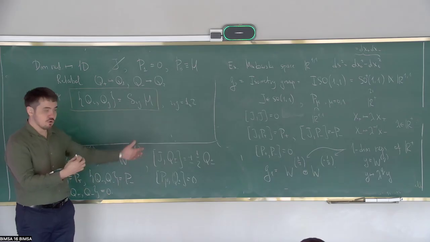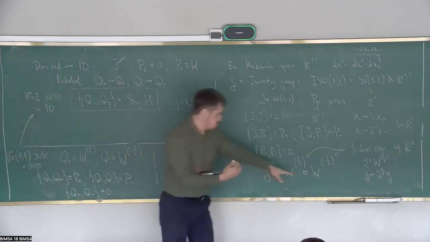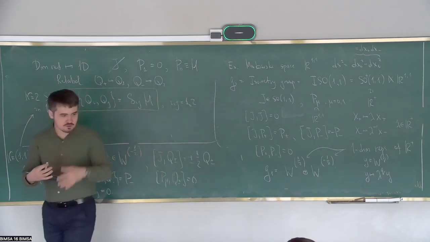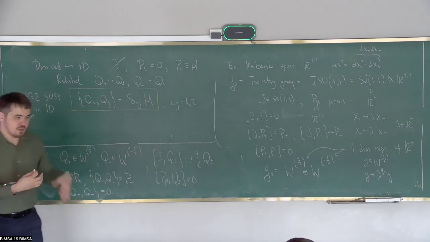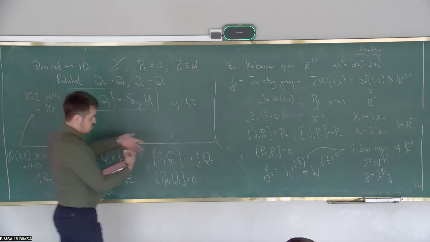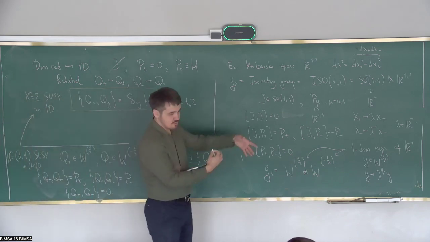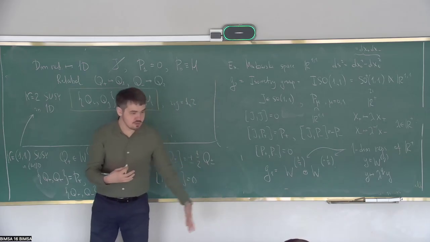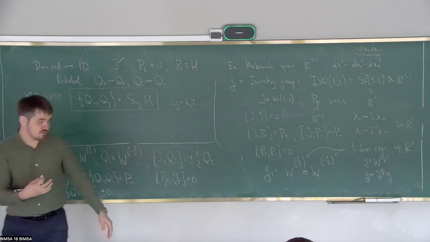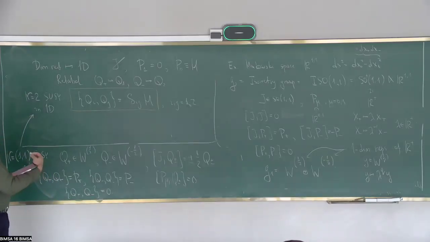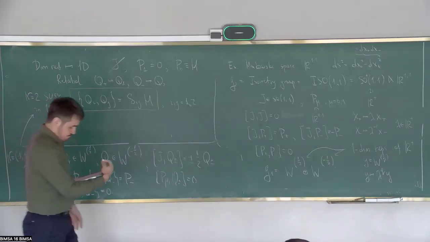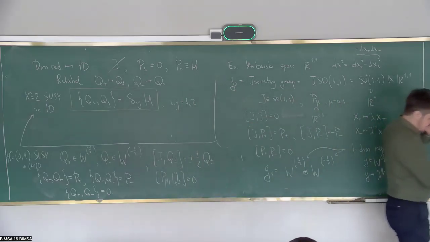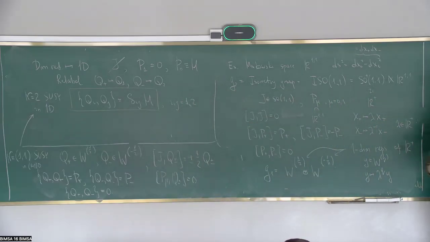If you put more representations, then you increase N. But of course, this representation of the Lorentz group depends on the dimension. Say, a reducible representation in higher dimension will decompose into several irreducible ones in lower dimension, and so on. So that's why this notation is dimension dependent. From now on, I will only speak about one-dimensional things, so here N will be unambiguous. It will refer to this kind of algebra.